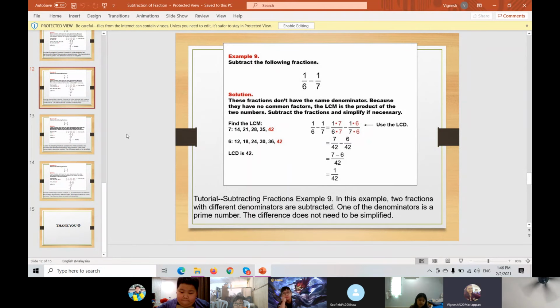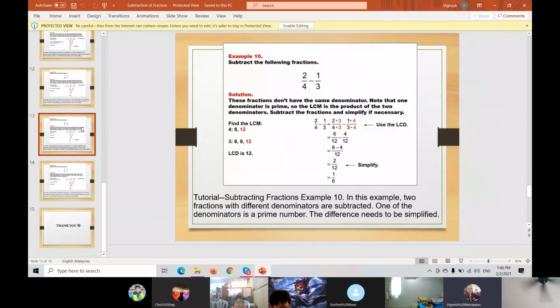Very good. 6 times 7, and then 6 times 1 is 6 over 42. Very good. The denominators need no subtraction. So 7 minus 6 equals 1. So 1 over 42. Very good.